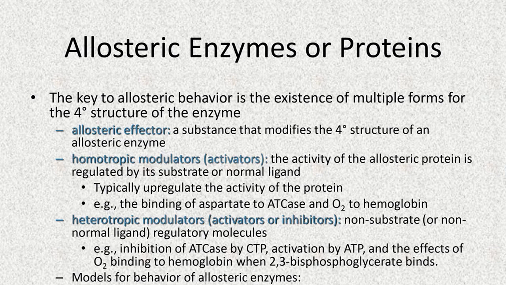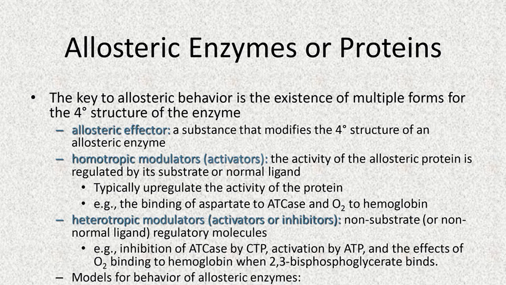Then we've seen oxygen binding to hemoglobin as being an activator. Likewise, we will see 2,3-BPG, the bisphosphoglycerate, which also affects hemoglobin wherever it binds, even though it is not an actual substrate per se.